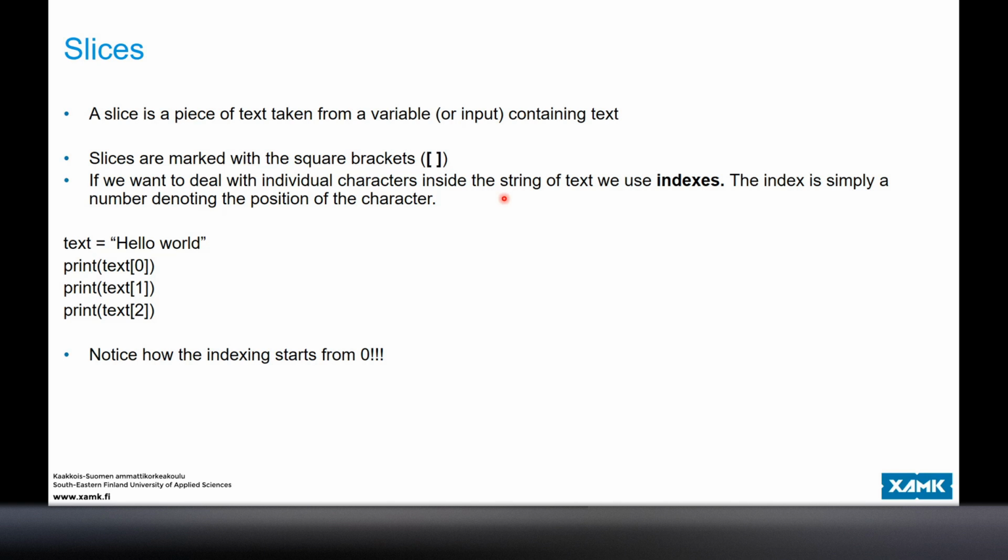And the easiest way to use slices is to take individual characters, individual letters inside the string of text. In that case, what we do with these square brackets is we put an index number inside them. And that index number is just a number that denotes the position of that individual letter or that individual character.